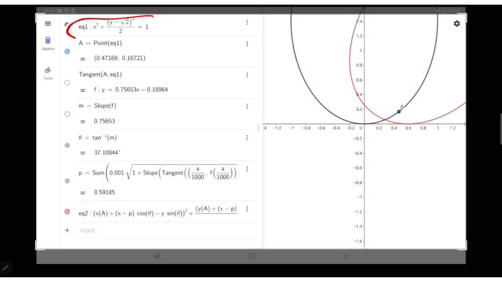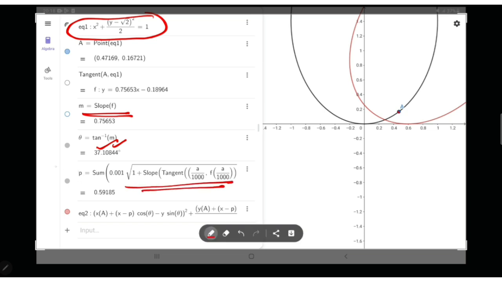Here I have written the original equation of the ellipse, and I can take the slope at any point A. I can find the theta, and I have written the function to calculate the perimeter. What I used to call L is here written as P, the length traveled along this direction. So I have basically done the summation.